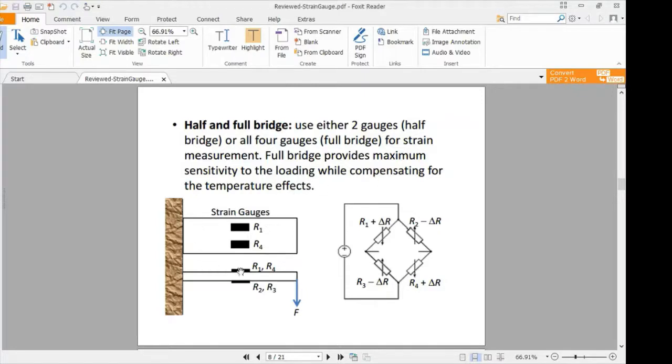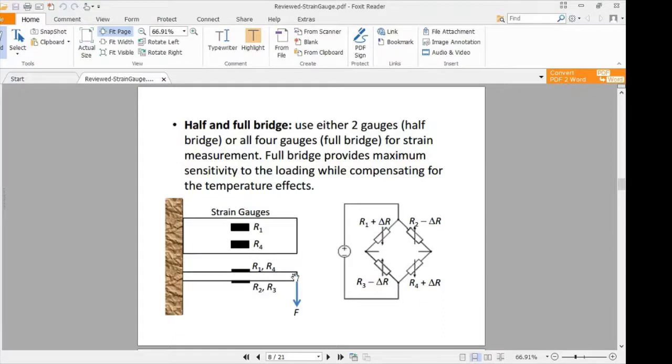As you can see in these figures, the four strain gauges are arranged in such a manner that R1 and R4 are located on top of the structure, and R2 and R3 are placed at the bottom of the structure. This is the top view and this is the side view. R1 is the first sensor and R4 is the fourth sensor.